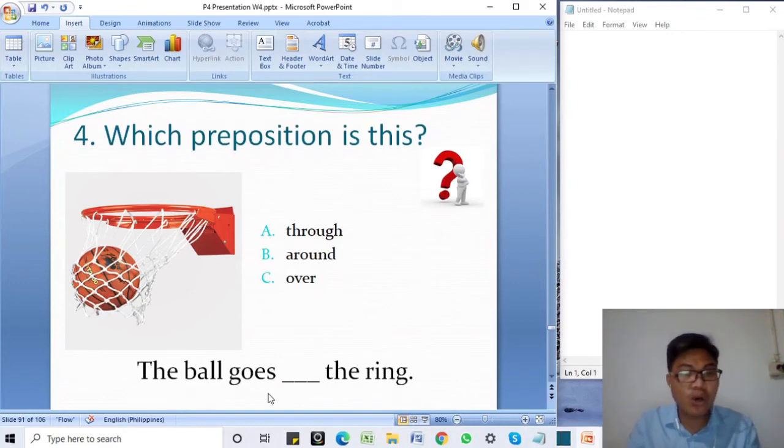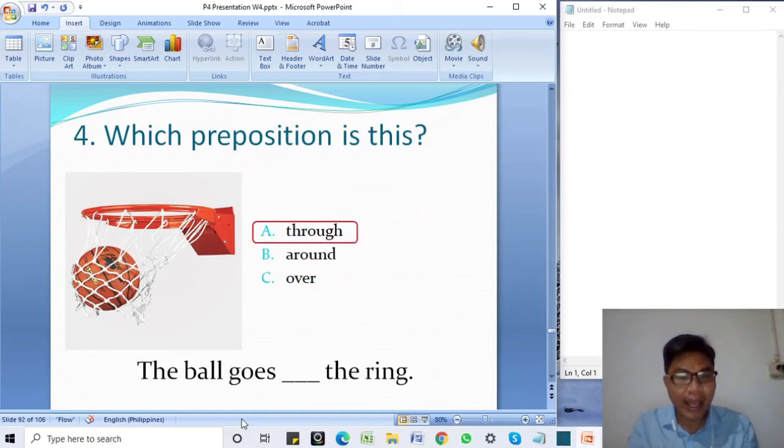The ball goes around the ring. Or C? The ball goes over the ring. What do you think is the right answer? The right answer is letter A. The ball goes through the ring. Did you get that correctly?